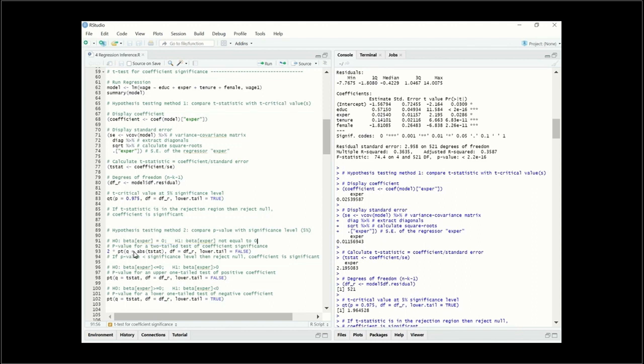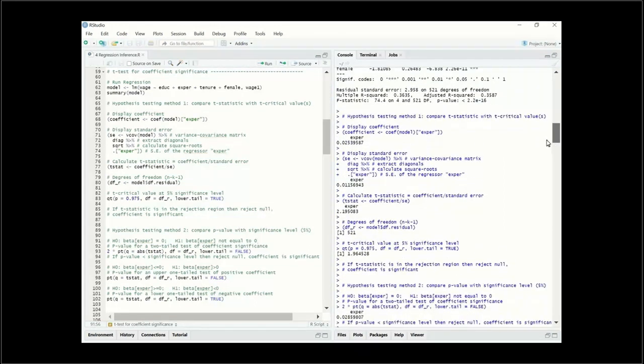Here we're going to be looking at the absolute value of the test statistic. These are the degrees of freedom for the residuals, and here lower tail equals false. And we are going to be multiplying by 2 because we have a two-sided test here. And this would basically be the p-value for this test.